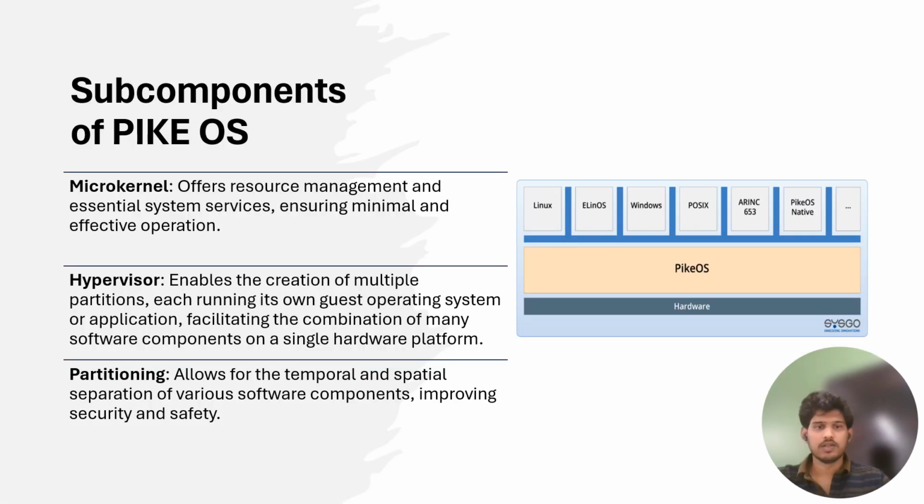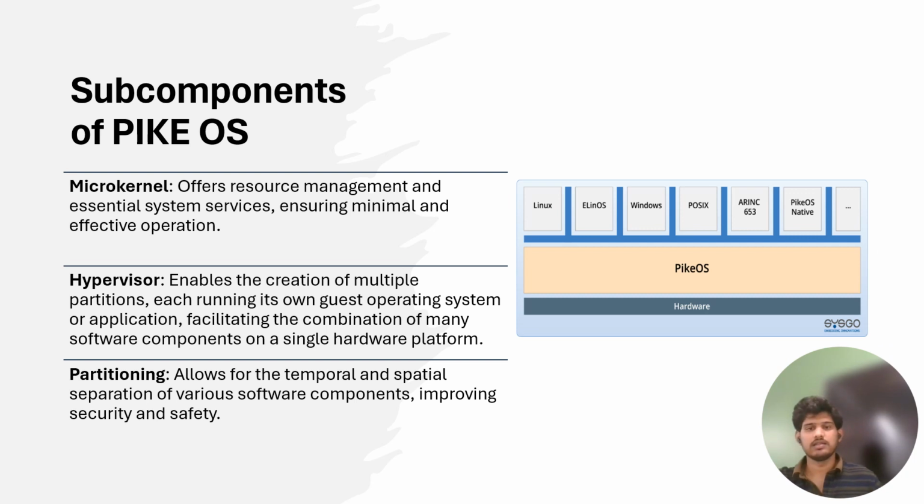So these are the subcomponents, as I have explained. It has a microkernel architecture, which is used for efficient system management and effective operations, and a hypervisor, which will run multiple guest operating systems on a single hardware platform, and partitions, as I have explained in the previous slide.